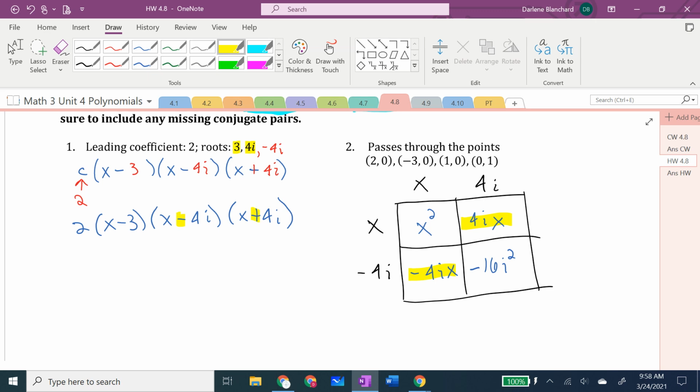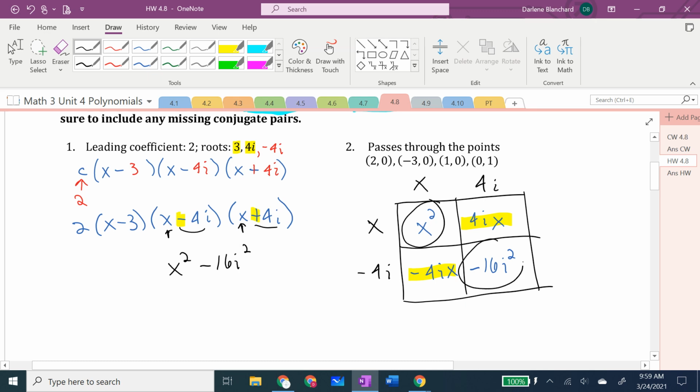But in this situation, if you fully get why you can skip a step here, you can just multiply the x's together and then multiply the negative 4i and the positive 4i. You can do that because that is all we are getting when we multiply. But if you're not entirely sure that this is okay to do, go with the multiplication boxes. Make sure that you're getting everything you should always get.